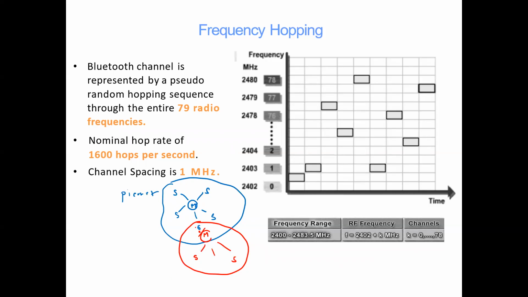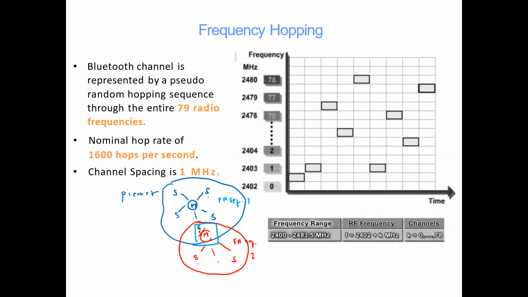So the same device can work with many networks at the same time, with different roles. When this device wants to connect to this master, it has to connect using one frequency hopping sequence, sequence 1. If this device wants to communicate with each device in the red network, it has to use another frequency hopping sequence, say number 2.